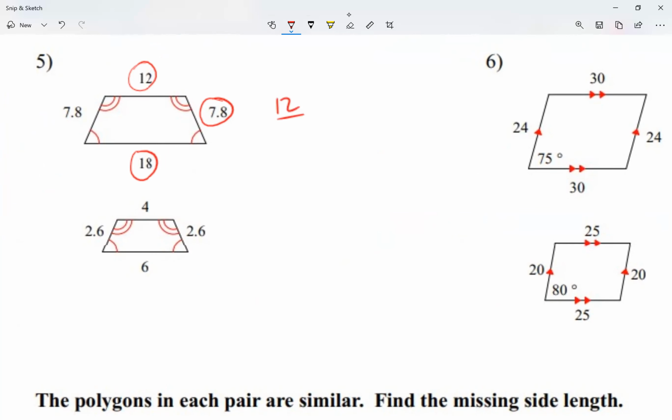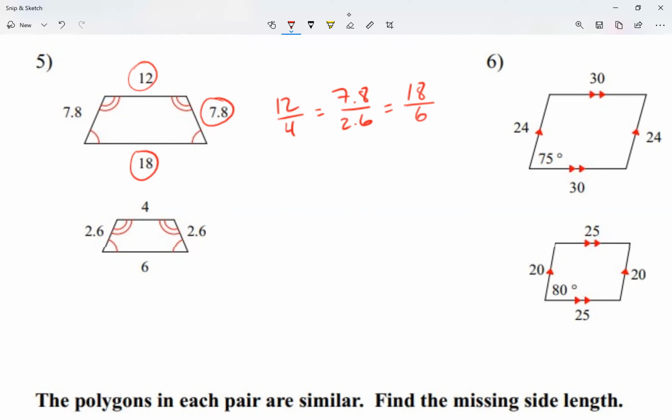You might be like, hey, Mr. Leonzo, you're not putting them in order. That's fine, as long as I know which are the proportional measurements on the older figure. My 12 goes with 4. My 7.8 goes with 2.6. My 18 goes with 6.